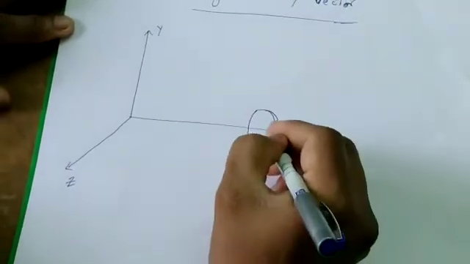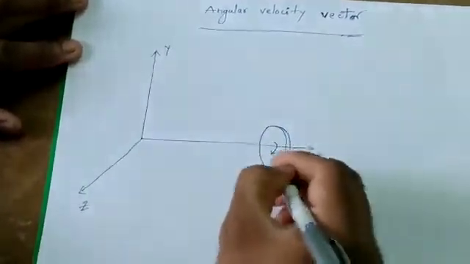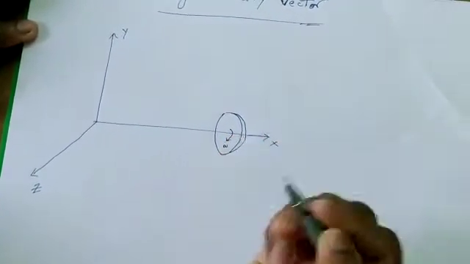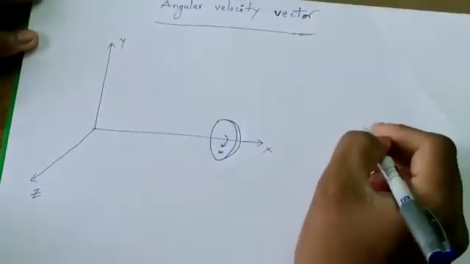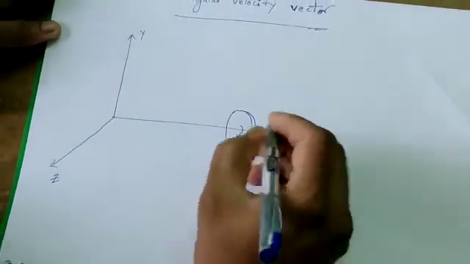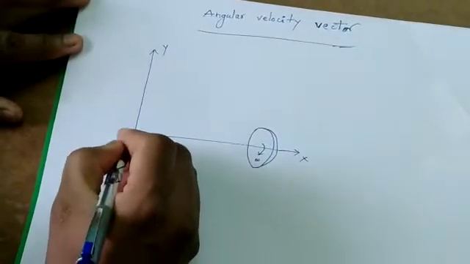Now see that the rotor is rotating about the x-axis with some angular velocity. Now we need to find out this angular velocity vector. So see here, the rotor is rotating in the clockwise direction when seen from the origin.